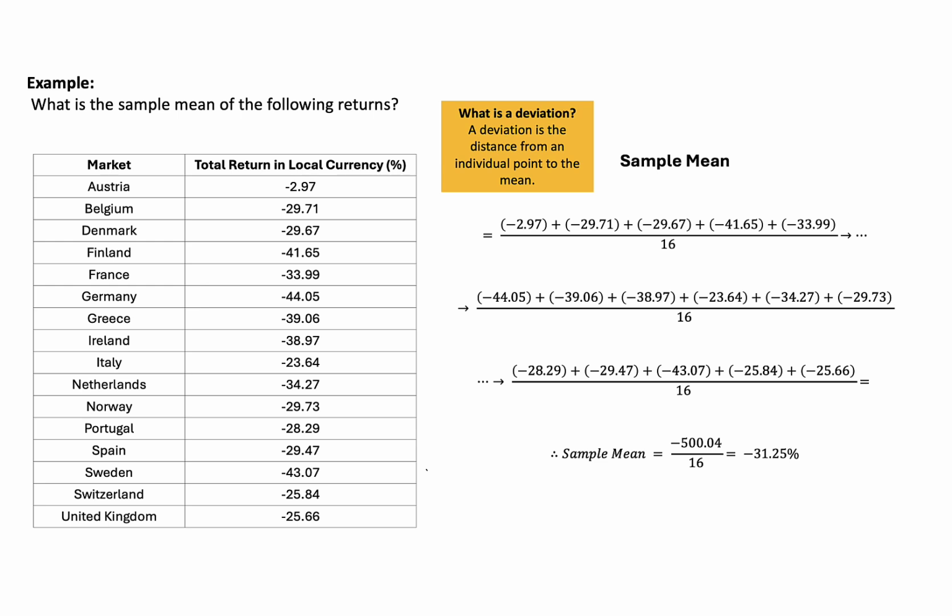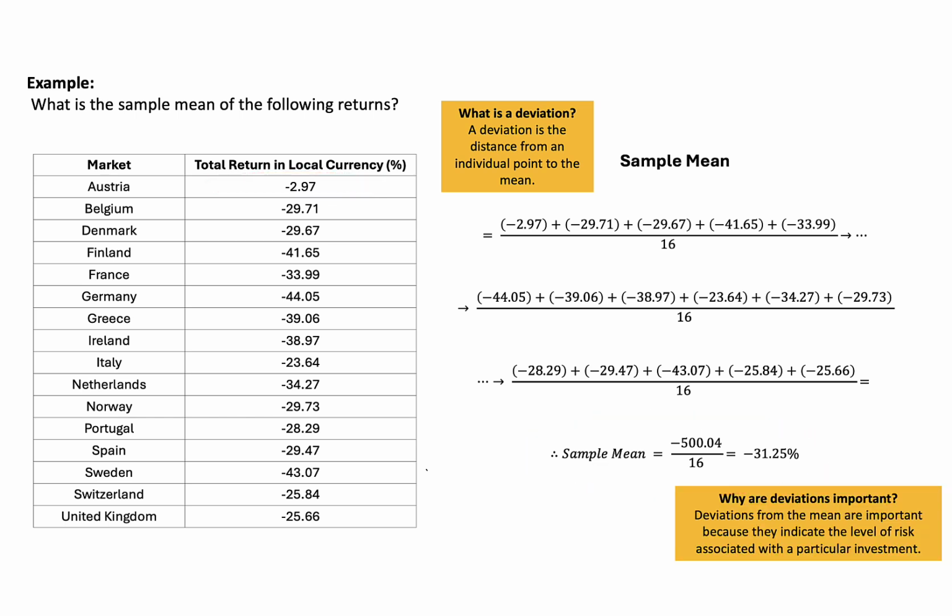And one thing I did want to mention is a definition here of a deviation. A deviation is essentially the distance from an individual point to the mean. So you could think about the distance of the first point in Austria, which is negative 2.97, to the mean, which is negative 31.25. So there's a healthy distance from the mean for Austria.